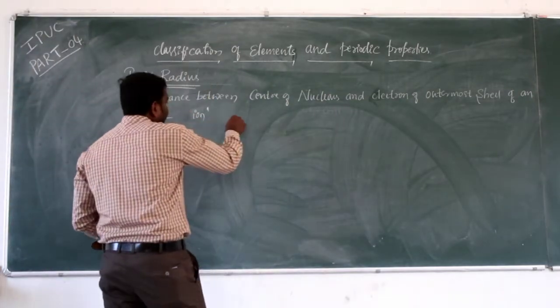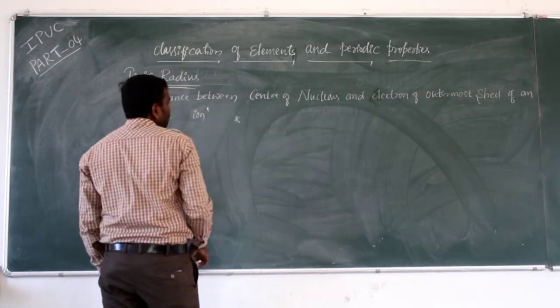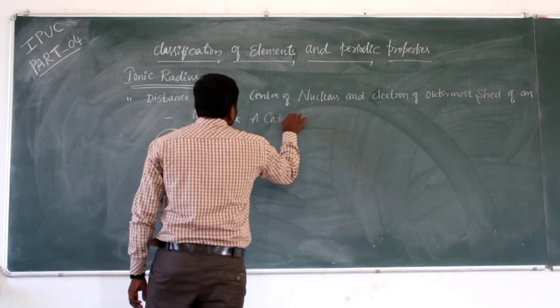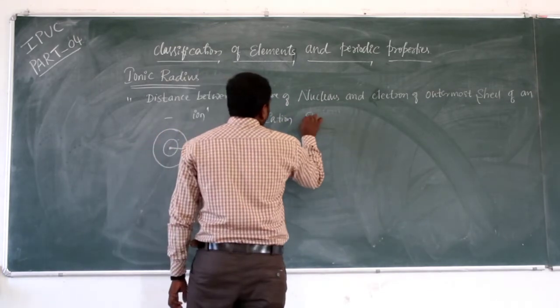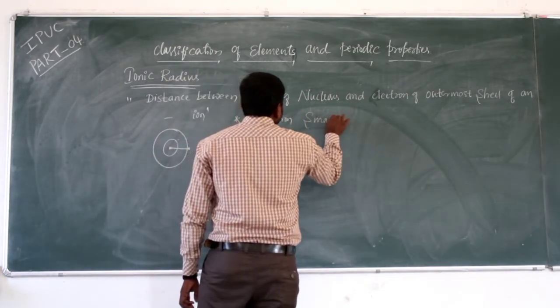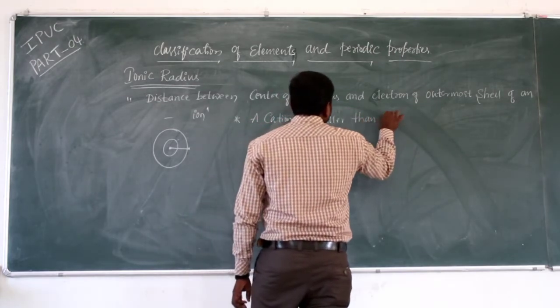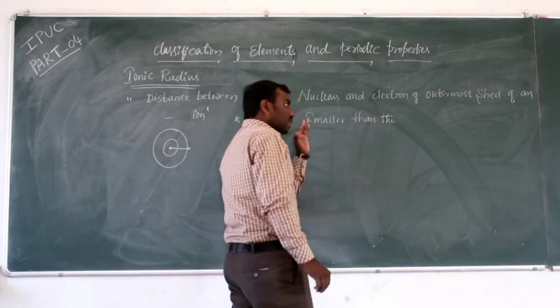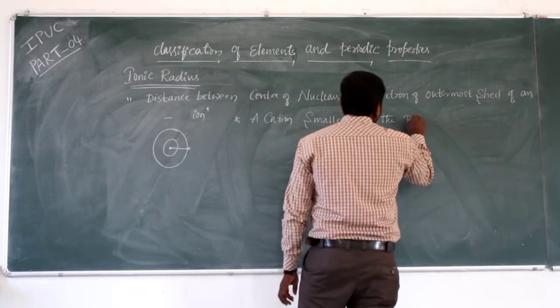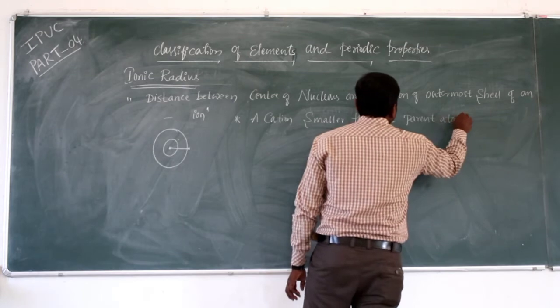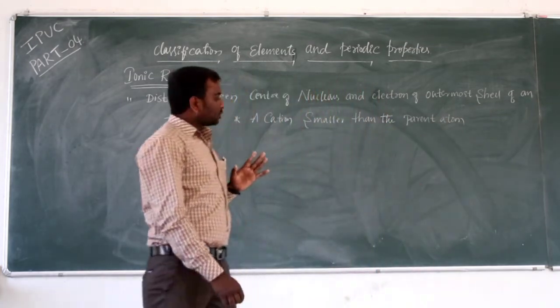See, from the study of this ionic radius, we get two important points, right? The first point is a cation is smaller than the parent atom. It's very important, right?